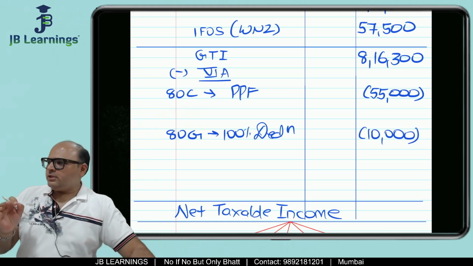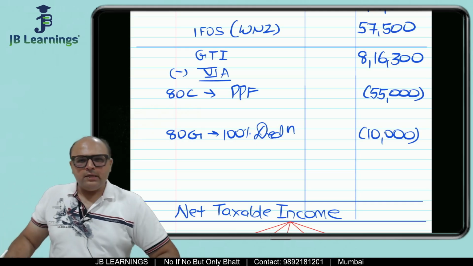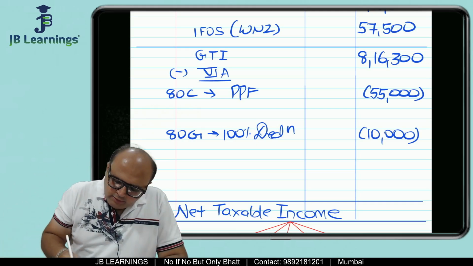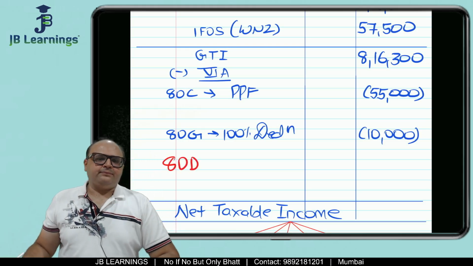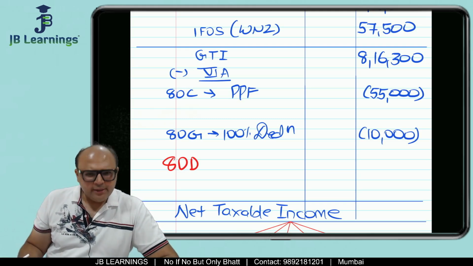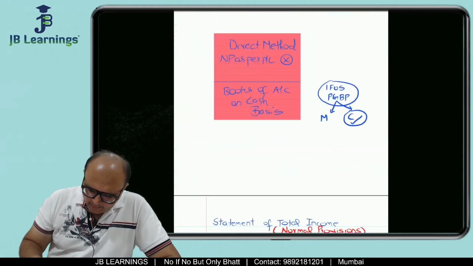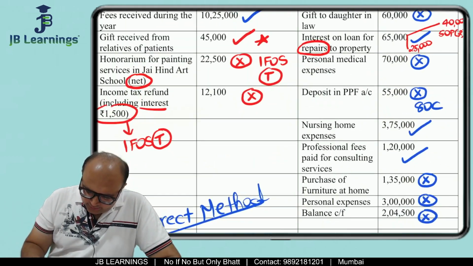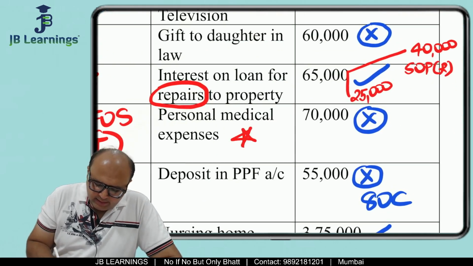Now something which is very, very unique and very, very important in ICAI solution is, friends, they have taken a deduction for 80D. Now, why has the institute taken a deduction 80D in their model suggested answers is, if you see friends over here, they have given personal medical expenses.